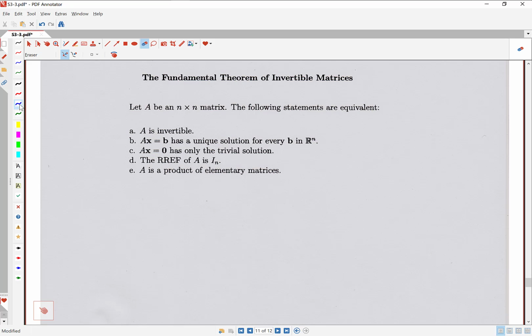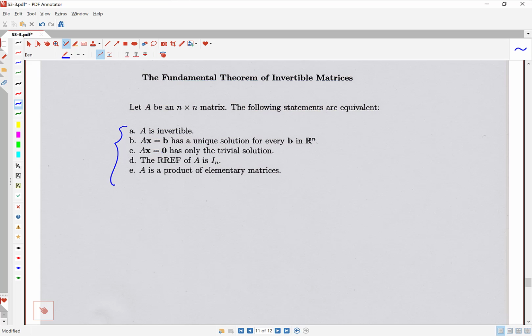So last idea for this section, we're going to look at something called the fundamental theorem of invertible matrices. It says, let A be an n by n matrix. The following statements are equivalent. And then we have 5 statements. A is invertible. The system AX equal B has a unique solution for every choice of vector B in Rn.